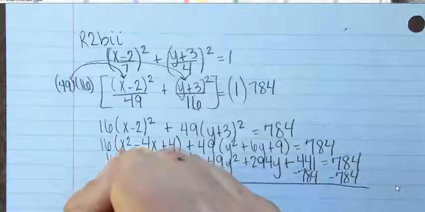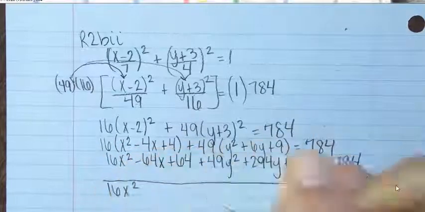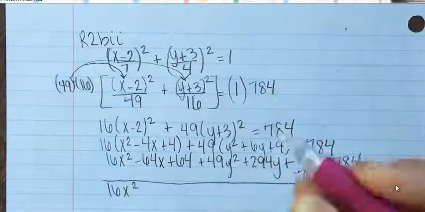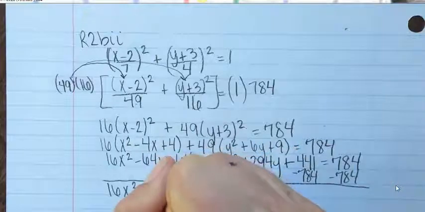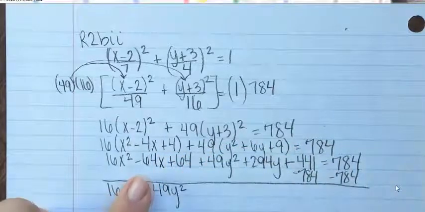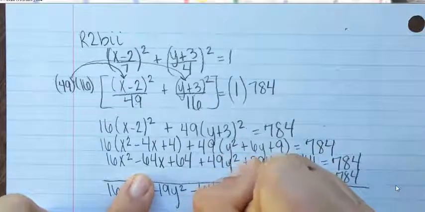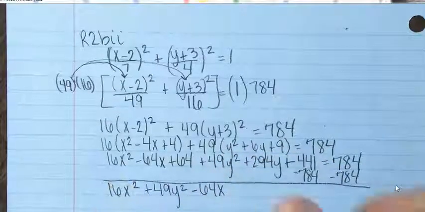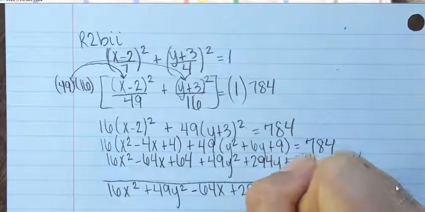Okay, so we're going to go 16x squared. We got a 49y squared. Then we got a negative 64x. A positive 294y.